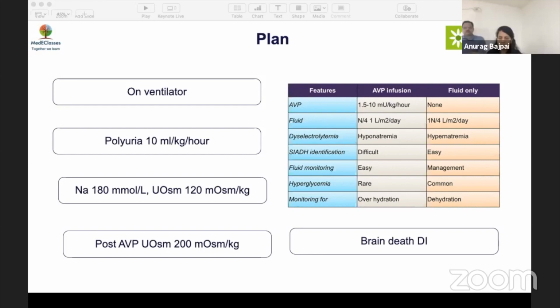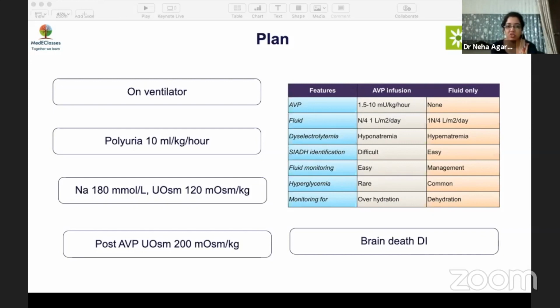With ADH, there is always a high risk of sudden drop in sodium, while with fluid only therapy, there is a risk of sodium being high. If you want to use ADH infusion, you should constantly monitor the sodium every 4 to 6 hours to avoid sudden hyponatremia. And this could be a harbinger of brain death, so parents should be counseled accordingly.